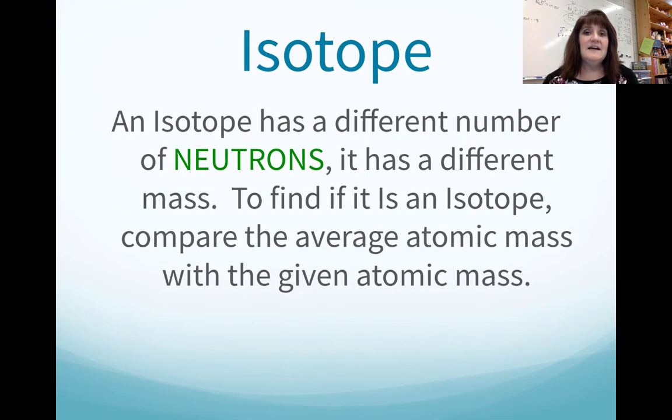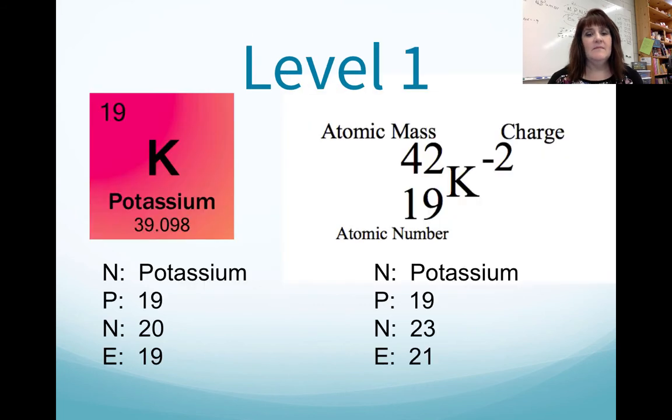The second I in today's acronym is an isotope. An isotope has a different number of neutrons. It has a different mass. So in order to figure out if something is an isotope, you have to compare the average atomic mass with the given atomic mass.